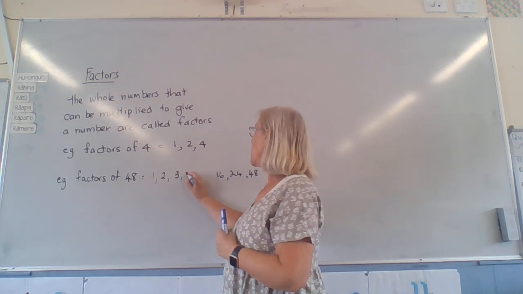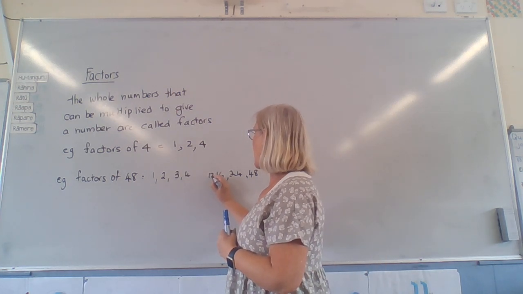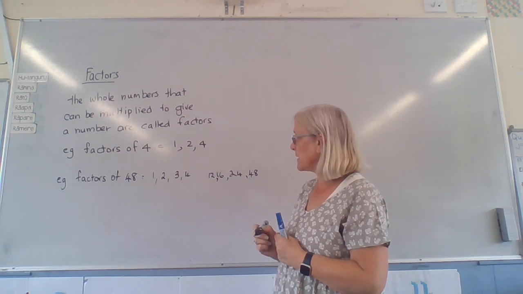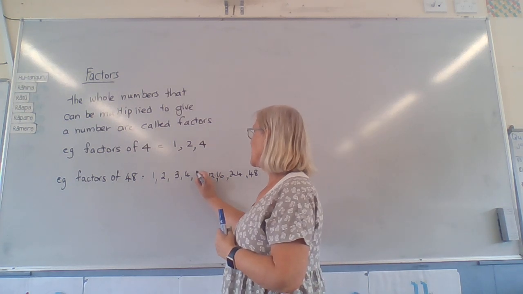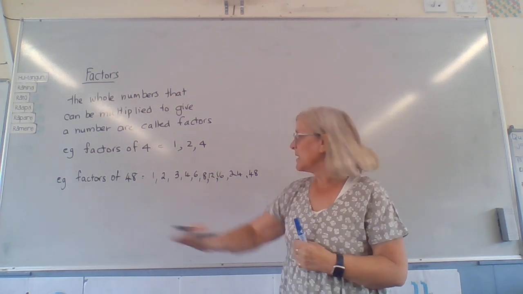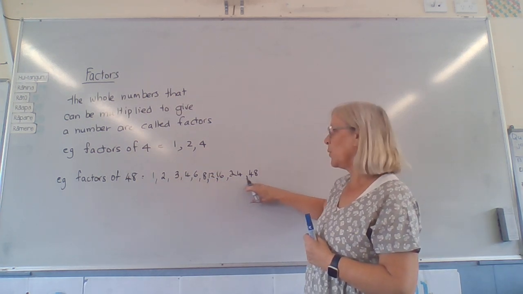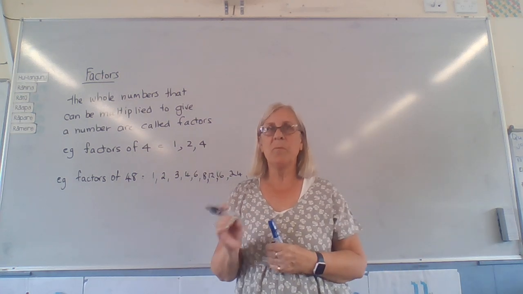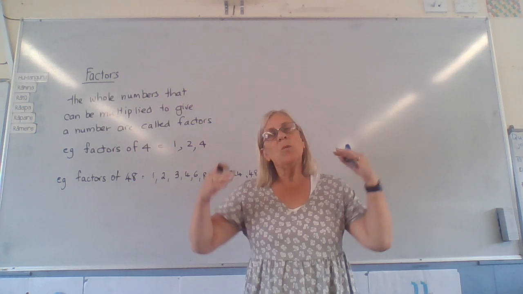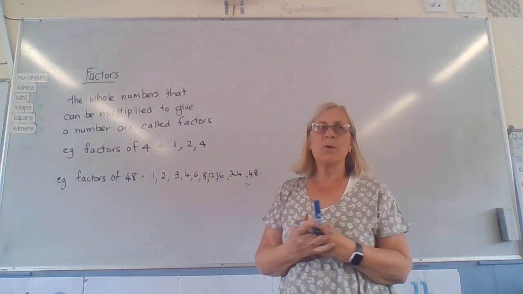Yes. 4 times 12. Can 5? No. Can 6? Yes. 6 times 8. Can 7? No. So by doing it like this, we know we've got every single one, so we're not missing any of them out. Okay? So when we want to list factors, that's what it would look like.